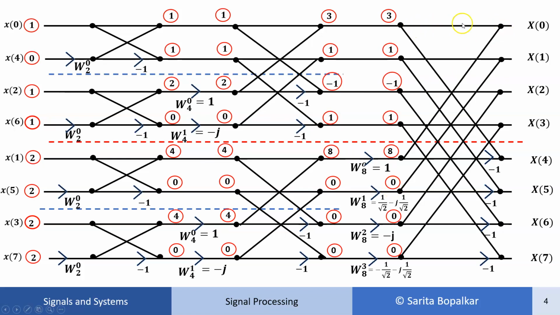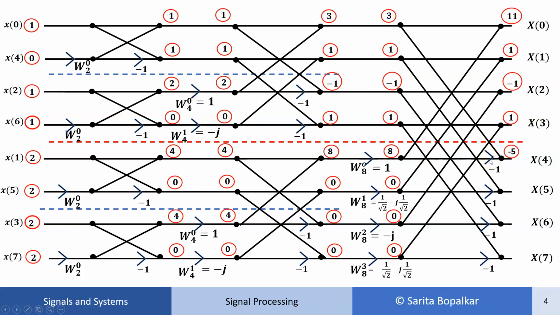It has two inputs, this one and this one. That is 3 plus 8, 11. 1 plus 0, 1. Minus 1 plus 0. Like this. Now here, check it. 3 and this 8 will get multiplied with minus 1.